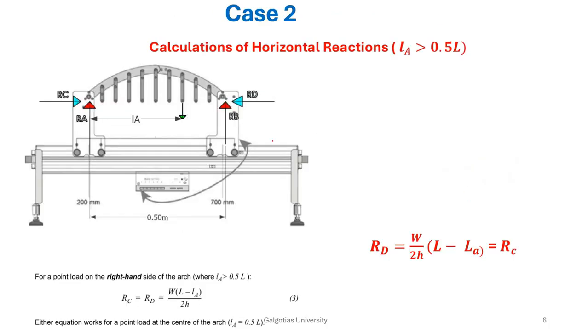Now proceeding further for the next case, you can see that this load W is applied at location LA which is greater than L by 2. So from here to here the distance is L by 2, and the W load is applied at a distance LA which is greater than 0.5 L. So for this we get the reaction as W by 2H into (L minus LA).